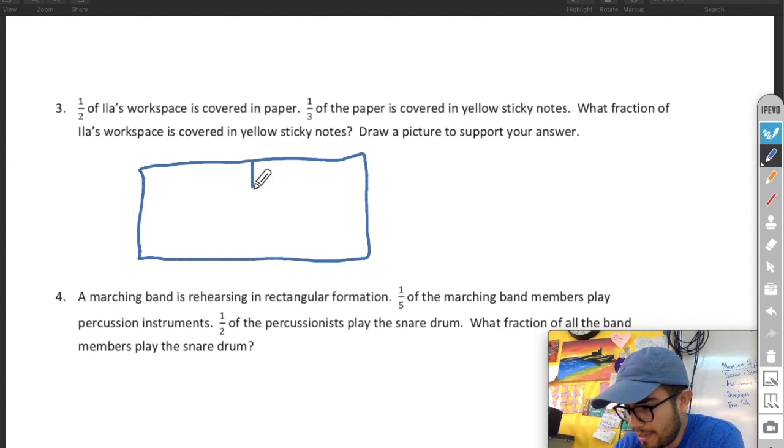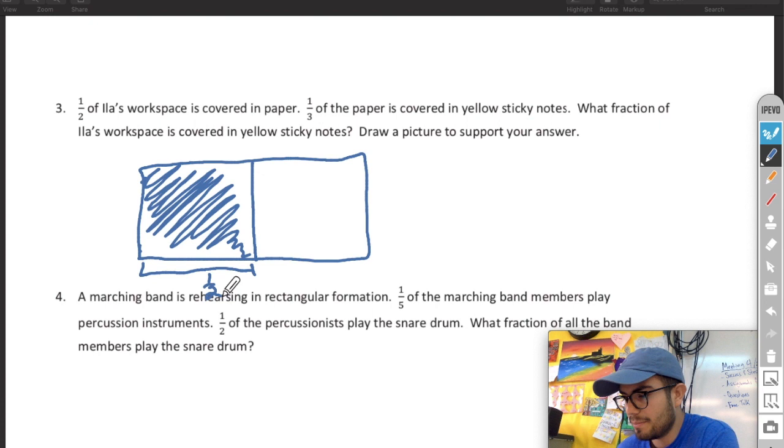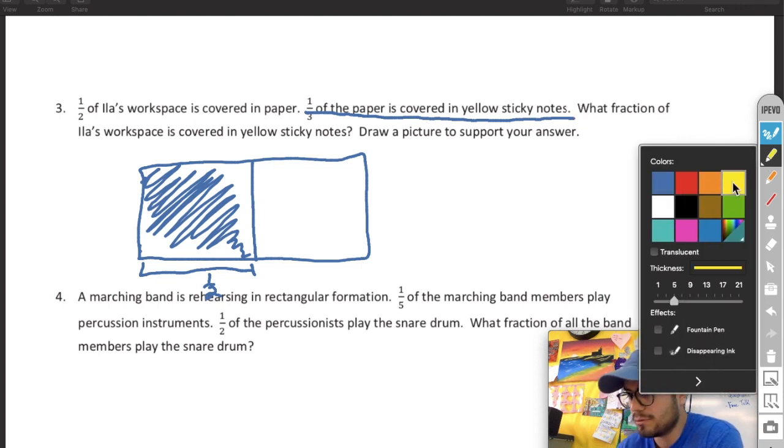So let's say that all of this is the paper. Now it's saying that 1/3 of the paper is covered in yellow sticky notes. So 1/3 of this would be this much, that would be 1/3.